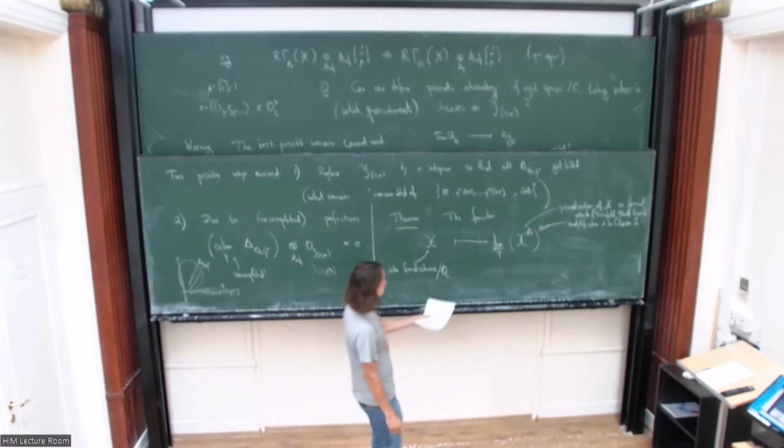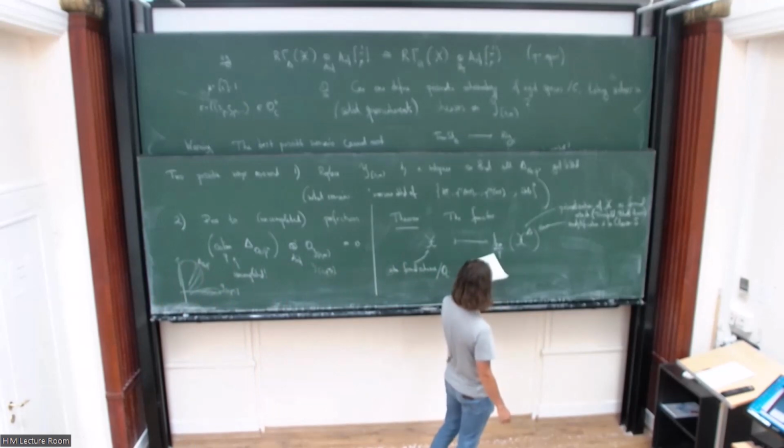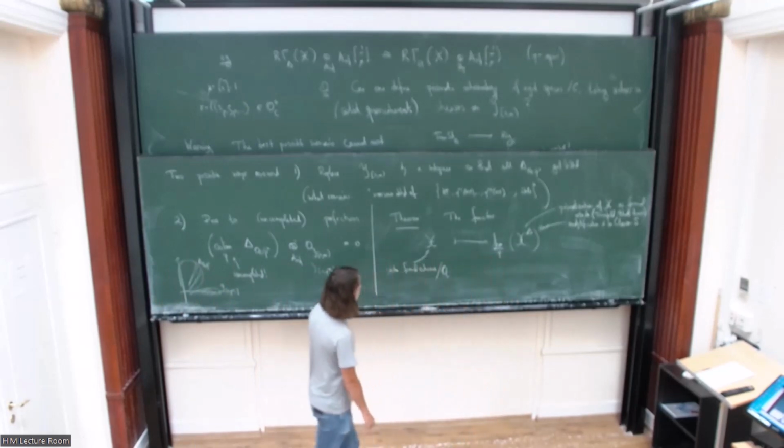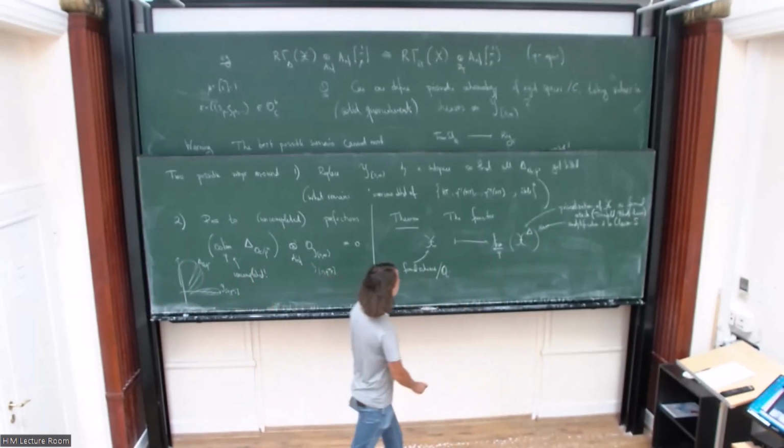And so the limit on the level of spaces here corresponds to an uncompleted colimit on the level of rings.